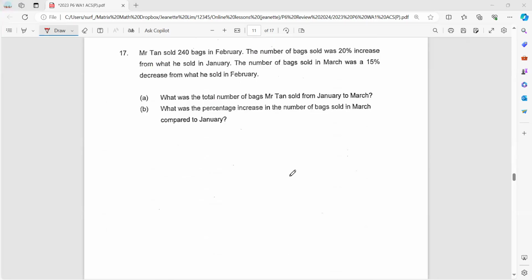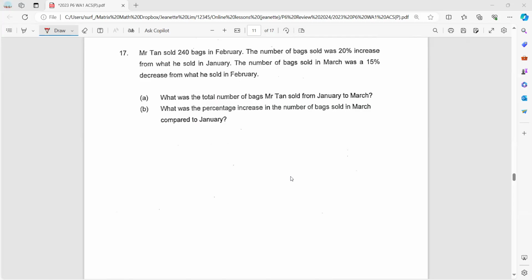Mr. Tan sold 240 bags in February. The number of bags was a 20% increase from what he sold in January. The number of bags sold in March was a 15% decrease from what he sold in February. Part A: what was the total number of bags he sold from January to March?